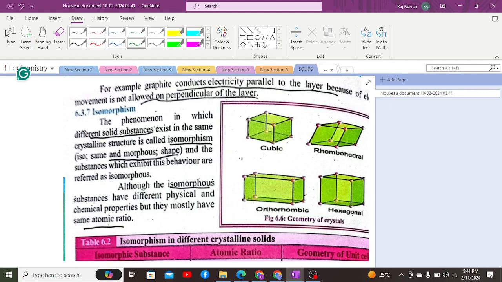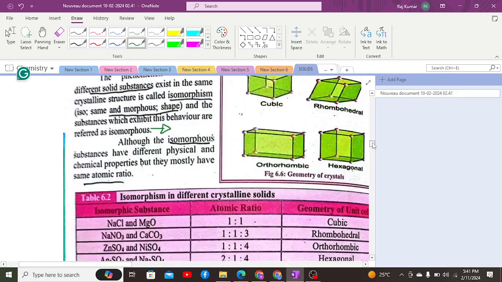Now, having the same crystalline structure can only indicate that it is having the same atomic ratio, but in actual the physical as well as chemical properties for these isomorphic substances will remain different, sorry. So the physical and chemical properties will remain different, while the atomic ratio will remain the same. Apart from which, when it comes to the name of these substances, these are known as isomorphous substances, and the behavior is known as isomorphism, right?